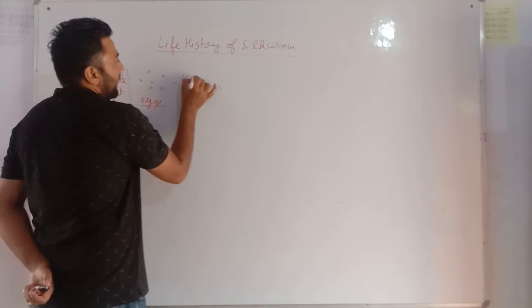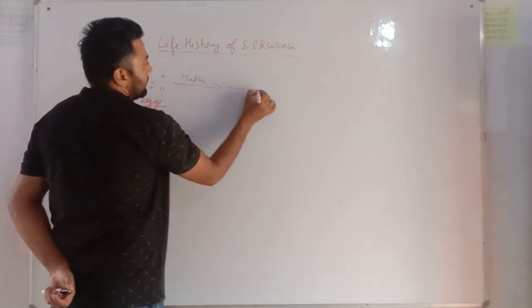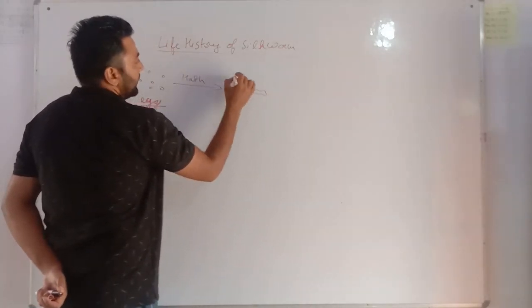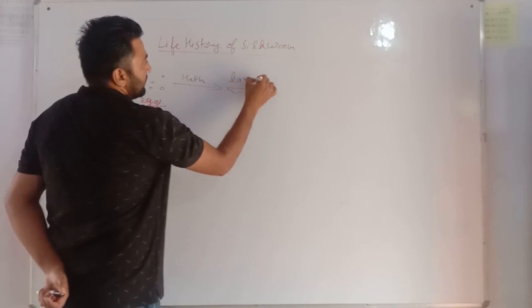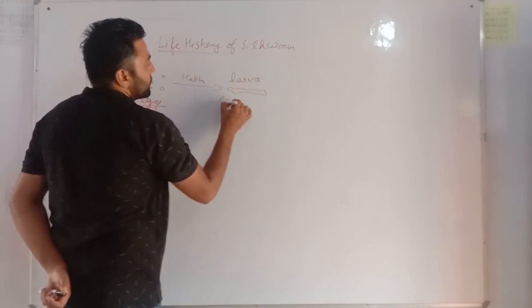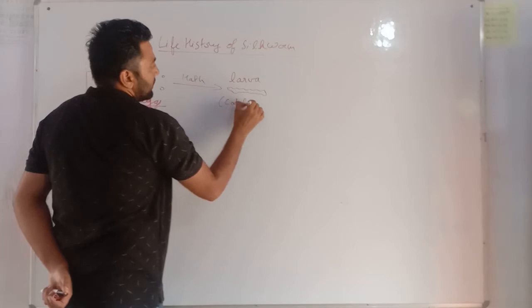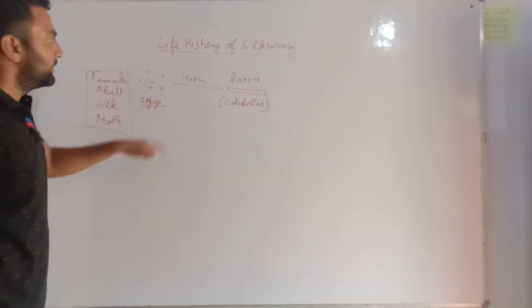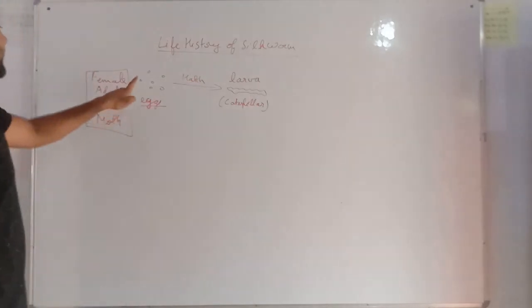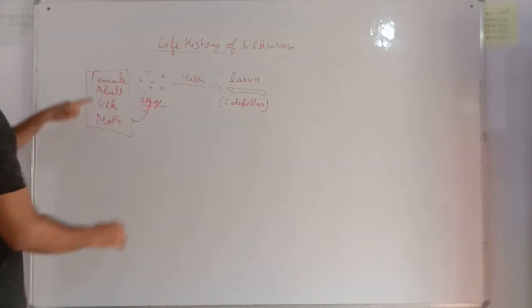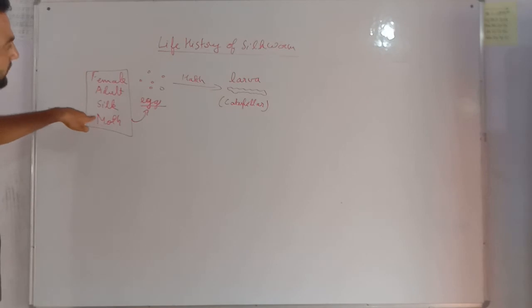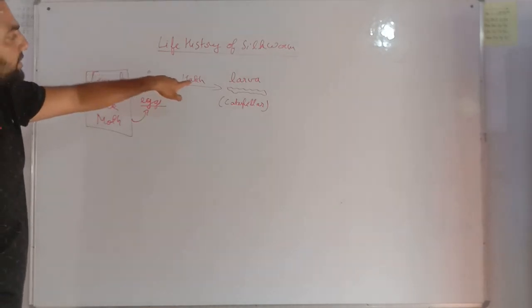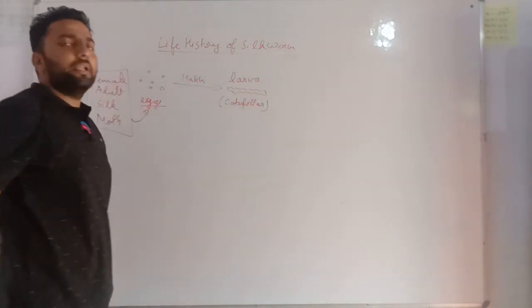Eggs hatch and we get larva, also known as caterpillar. Eggs are given by the female adult silk moth. Okay, eggs hatch and they give larva or caterpillar.